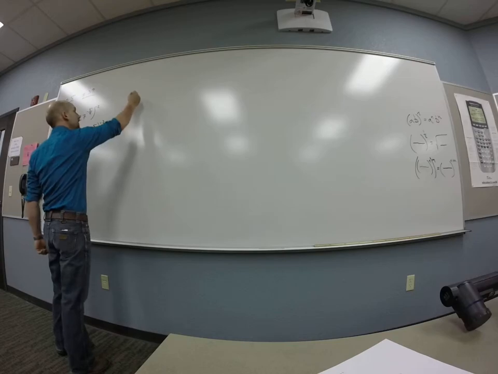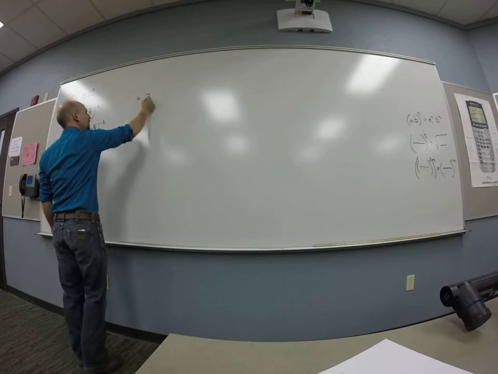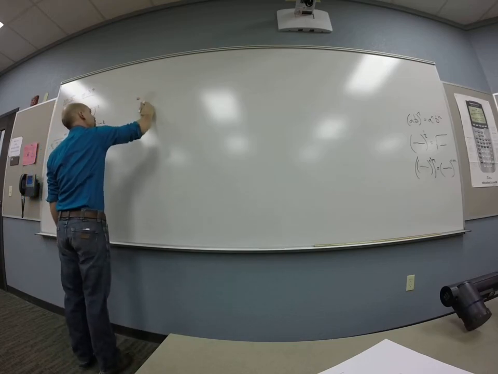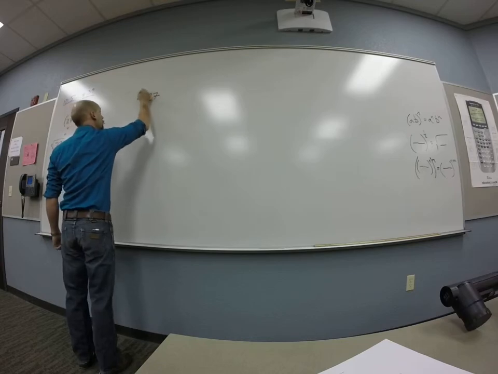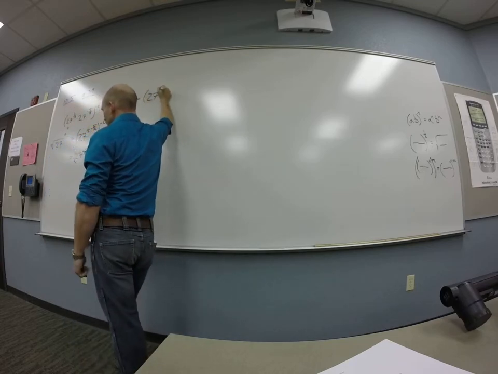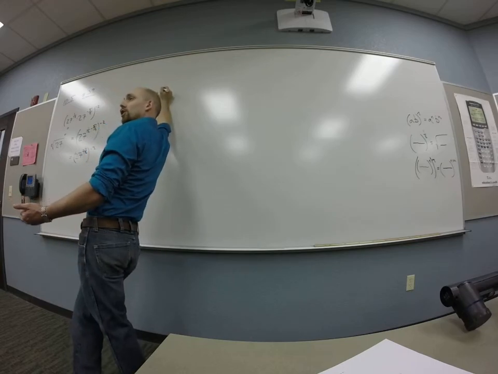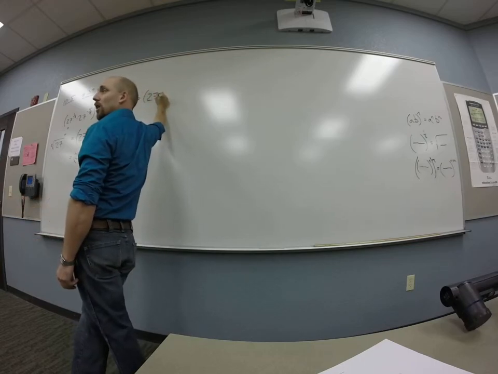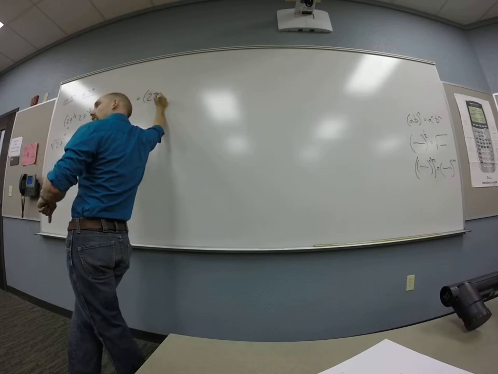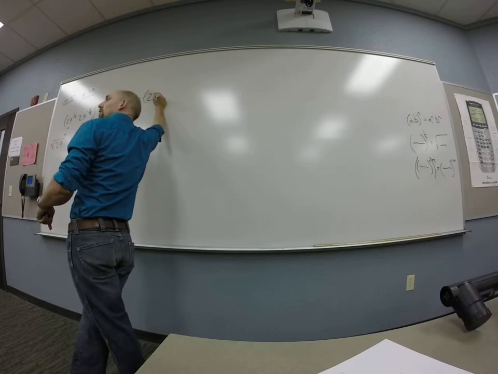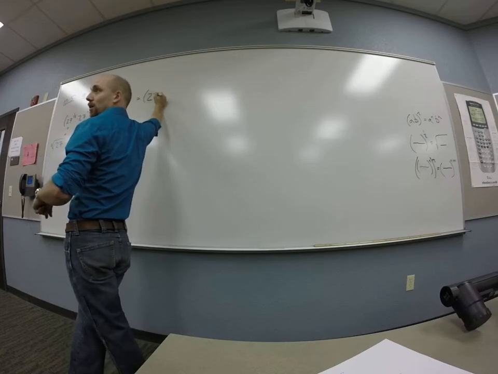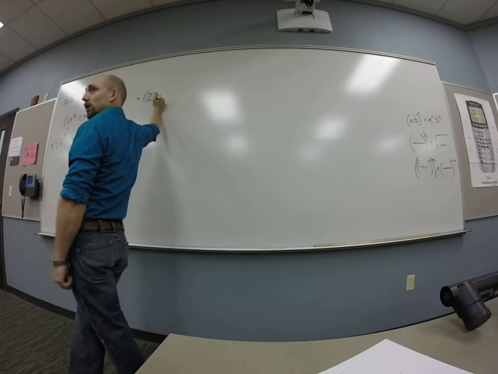And then you multiply the exponents. So we could do this two ways. We can multiply first and then reduce, or we can reduce then multiply. Doesn't matter. Which way do you guys like?